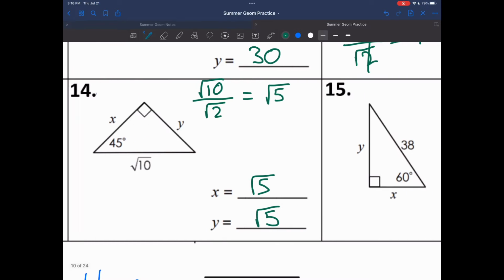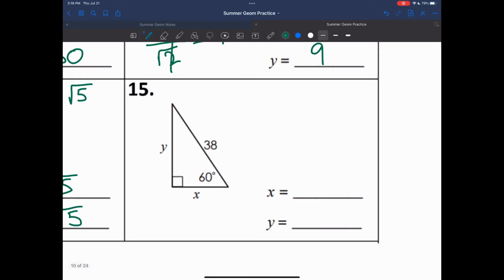Good. Okay, last one on this page, 30, 60, 90. Let's see, they give us the hypotenuse. These ones are like the second easiest types of ones, because we know there's a really simple relationship between the hypotenuse and our short leg, which would be x in this problem because it's opposite the 30-degree angle, okay? Now we know we can just take this and cut it in half to get x.